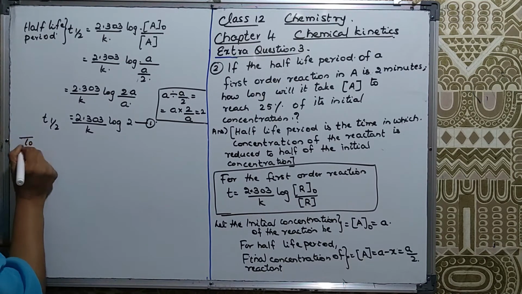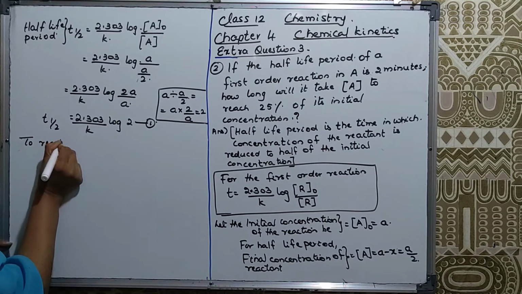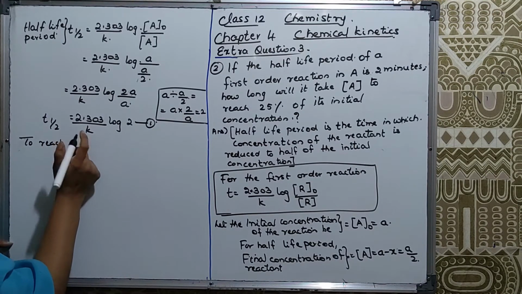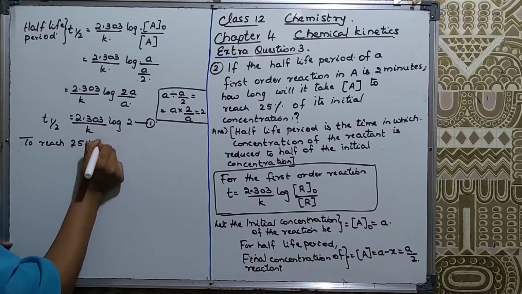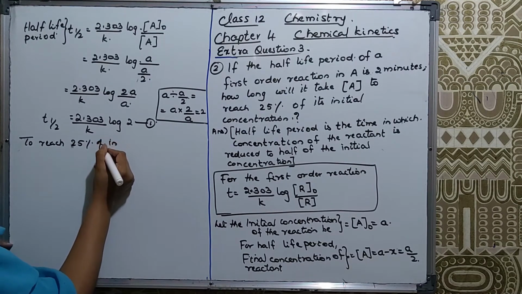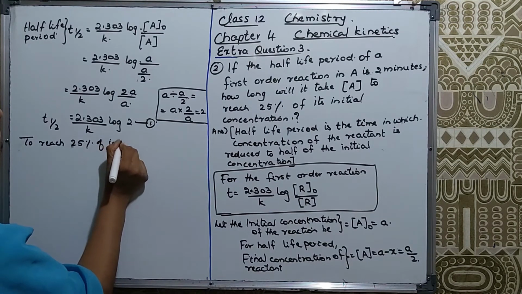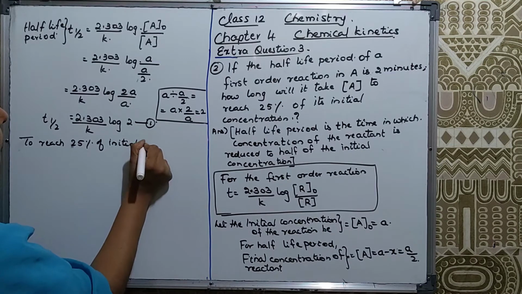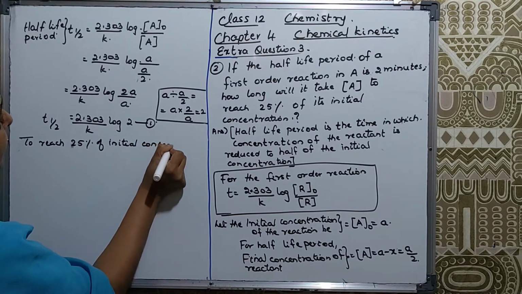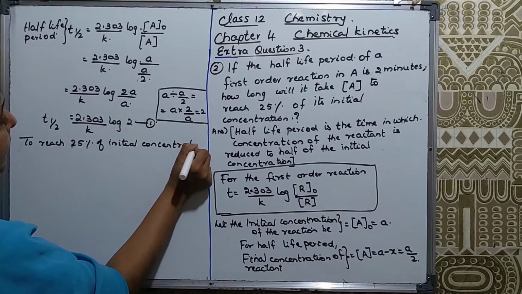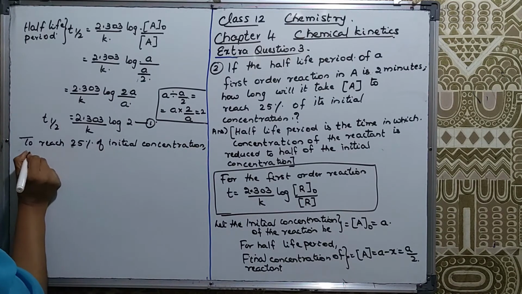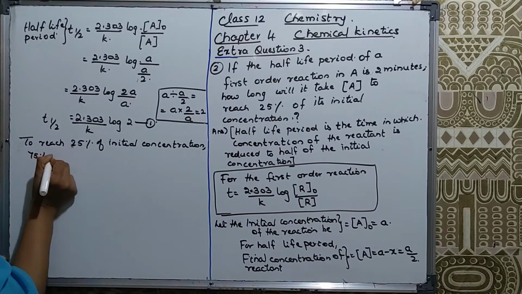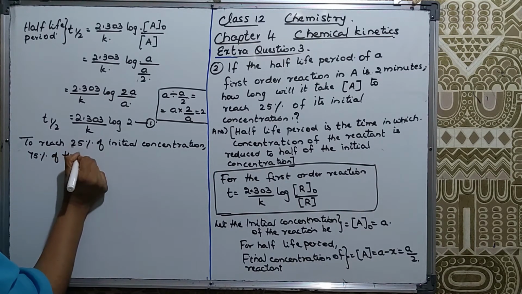So to reach 25% of the initial concentration, 75% of the reaction should be completed.